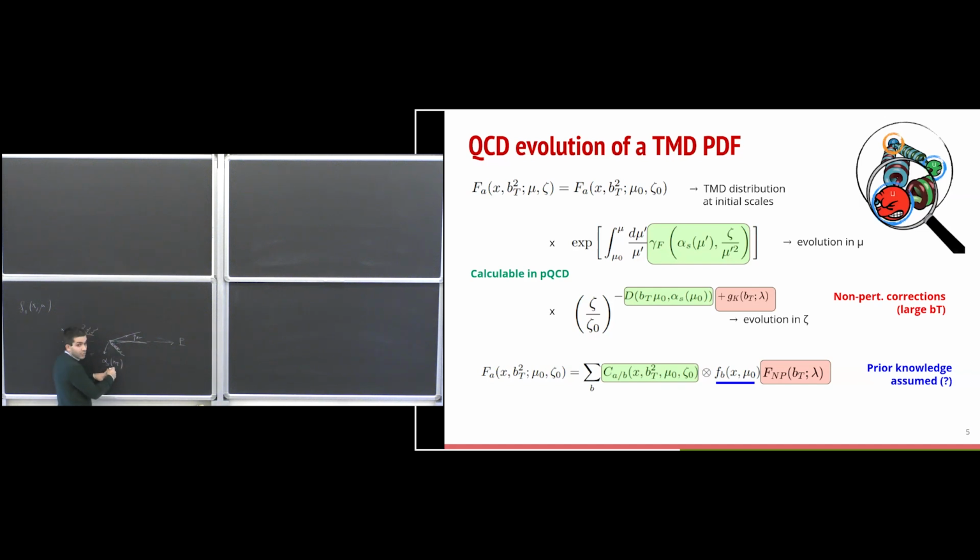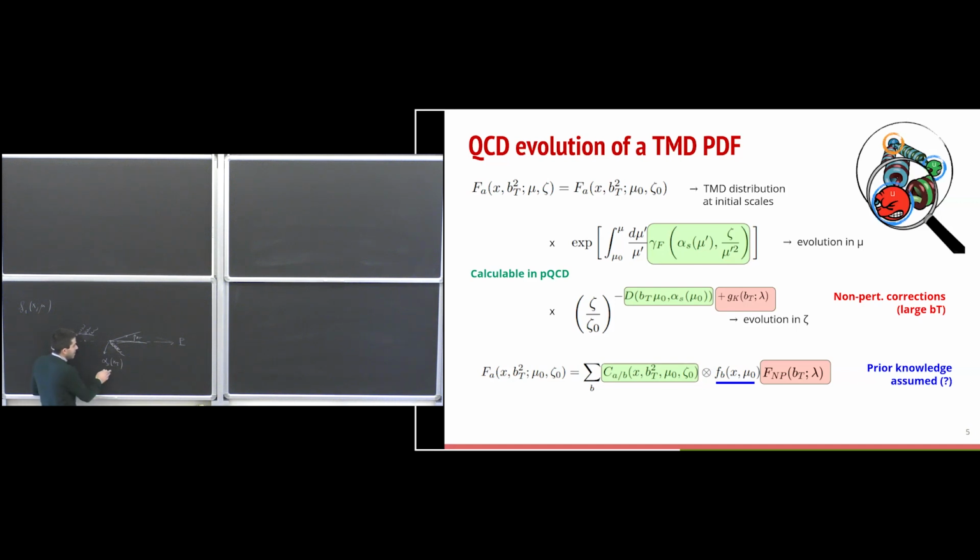If the KT is small, instead, so if you have a soft emission or a collinear emission, what would be the value of alpha strong in that case? I don't want you to tell me the number. Would it be big or small? Big. Okay, so my perturbation theory would not converge.